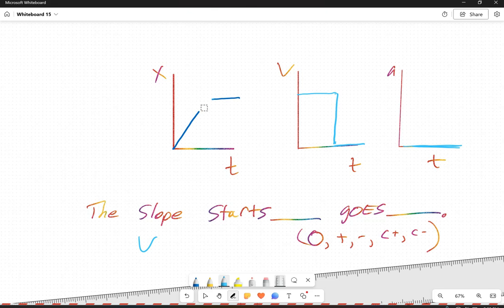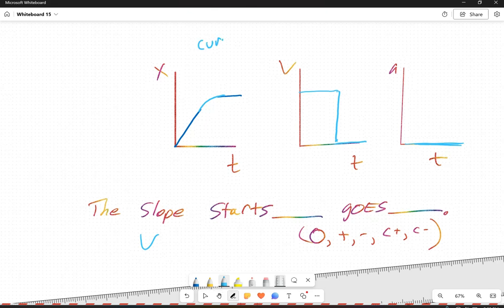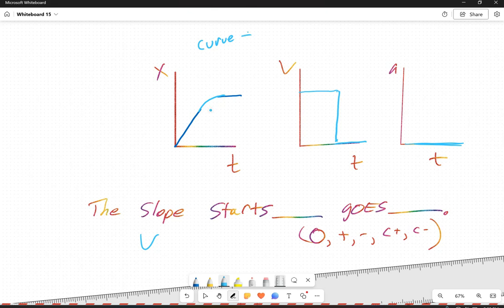And here's how it's going to change if we have this graph, where now we have a curve. A curve on a position versus time graph indicates there is acceleration.